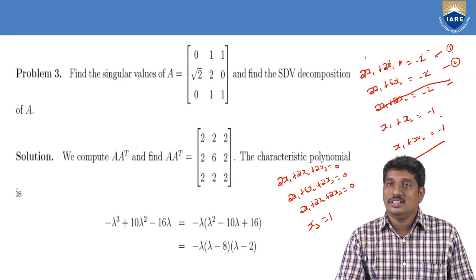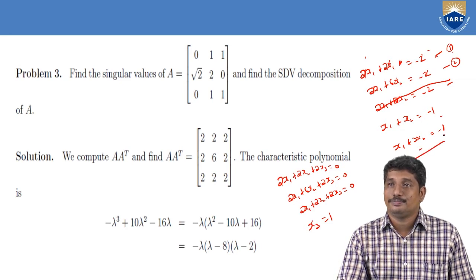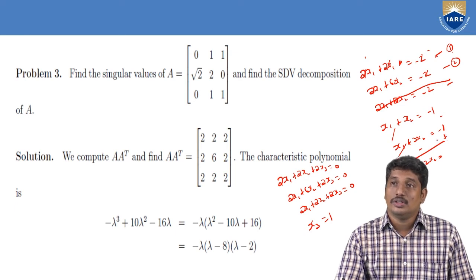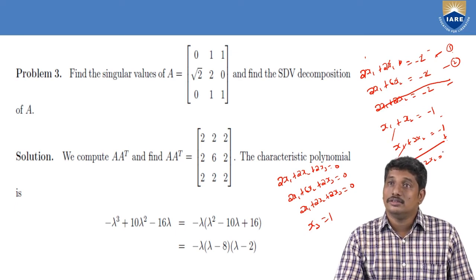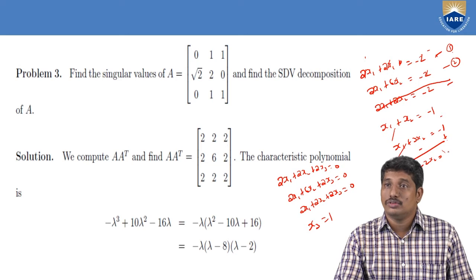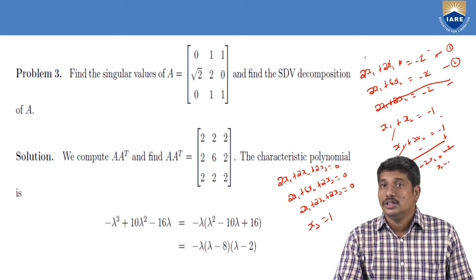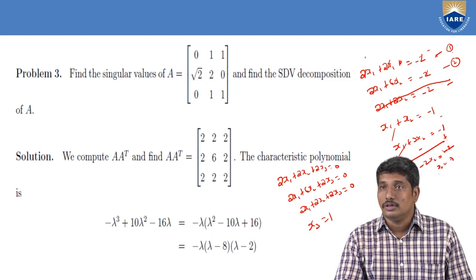By subtracting these equations, x1 minus x1 cancels, x2 minus 3x2 is minus 2x2, and minus 1 minus minus 1 is 0.